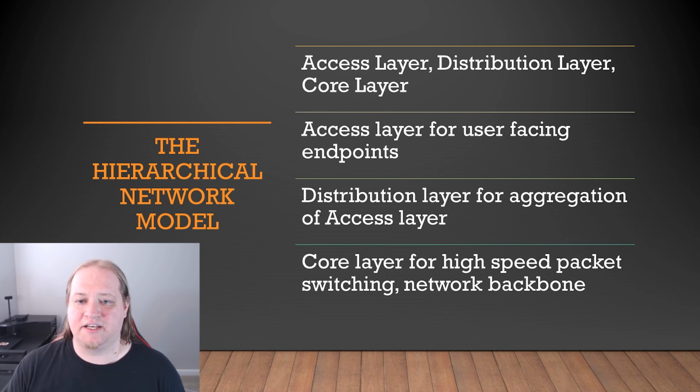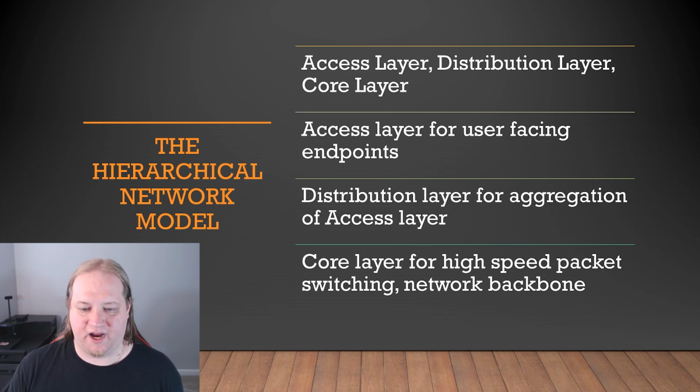The access layer is for user-facing endpoints. This is your PCs, phones, wireless access points, any kind of voice over IP stuff exists on this layer. These are all the end of the road, end devices.